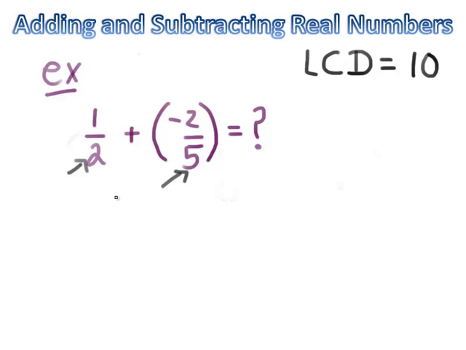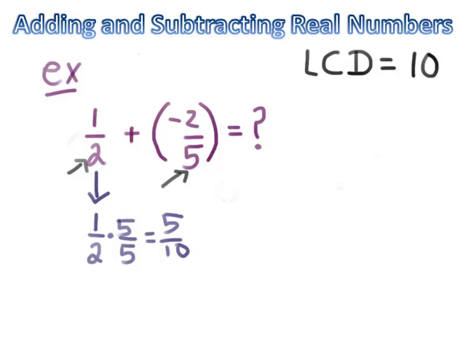Alright, so now we can change our fractions. So the 1/2. Okay, now I want to make the denominator 10, so I have to multiply this by 5 over 5. Right, so that gives me 5/10. Okay, so the 1/2 is now 5/10.